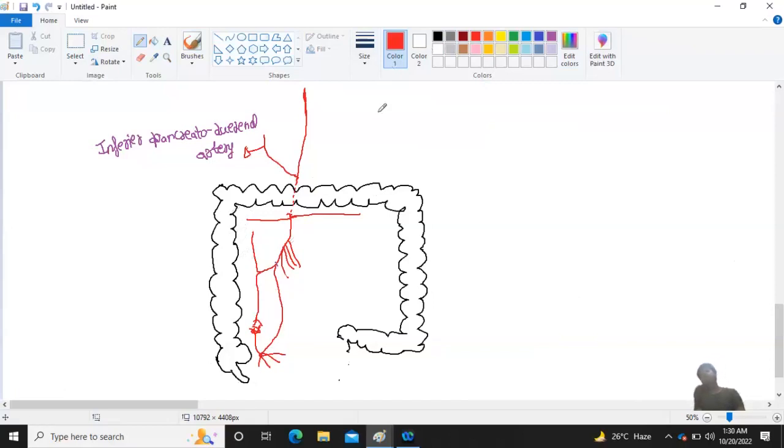This is the right side, and the left side is supplied by another artery called the inferior mesenteric artery. The inferior mesenteric artery also goes downward behind this.